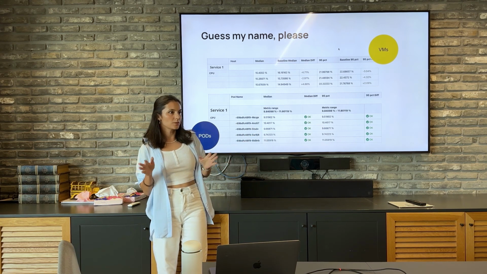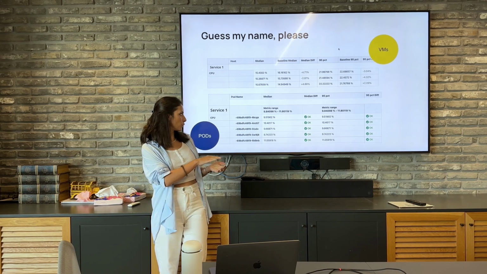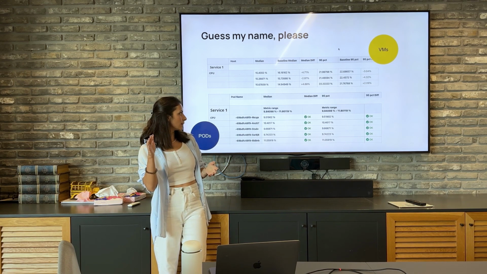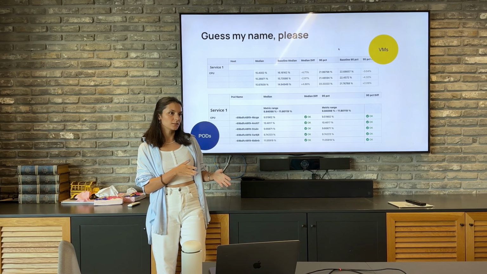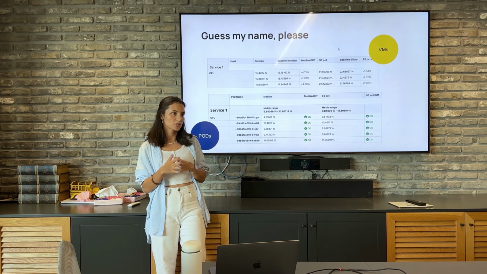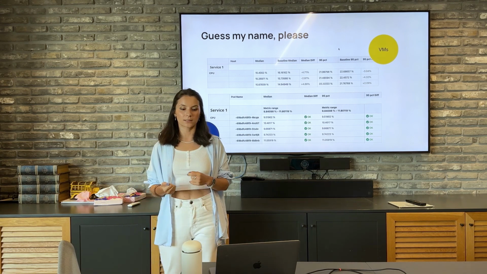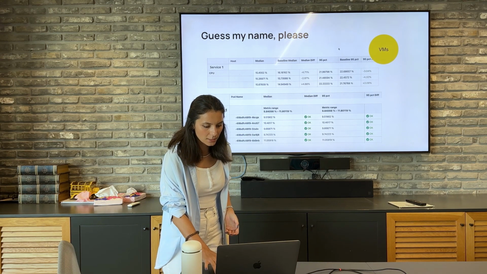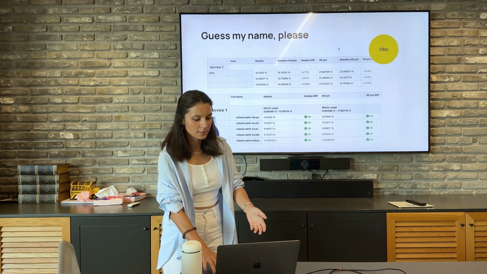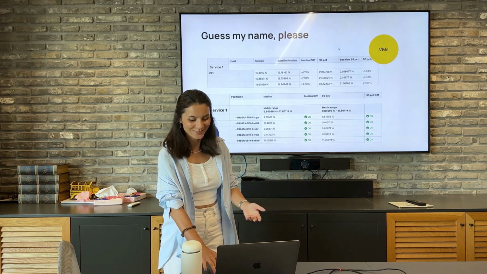If we have 10% degradation, meaning we are working worse, or even better, it's a problem for us because something changed in the system and we don't know what, and we should understand what. So this was the first one. It's easy to talk about, but not easy to implement.